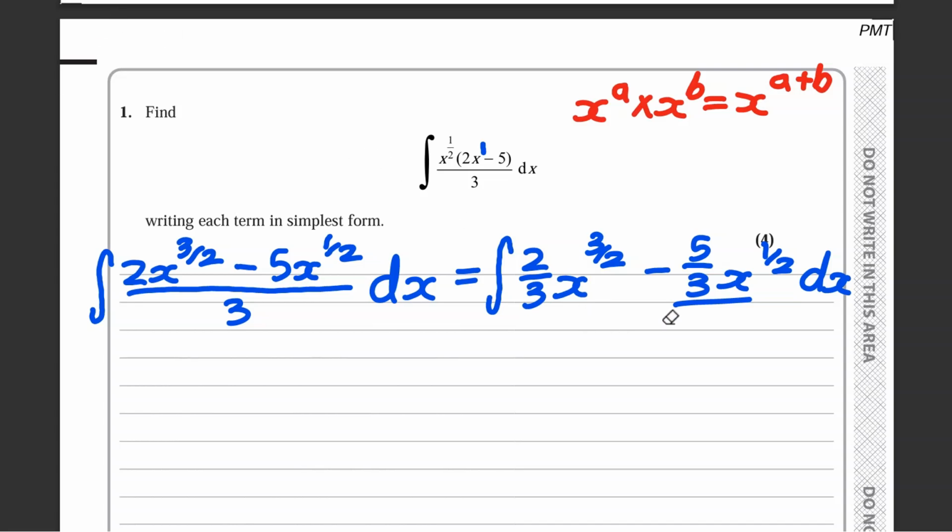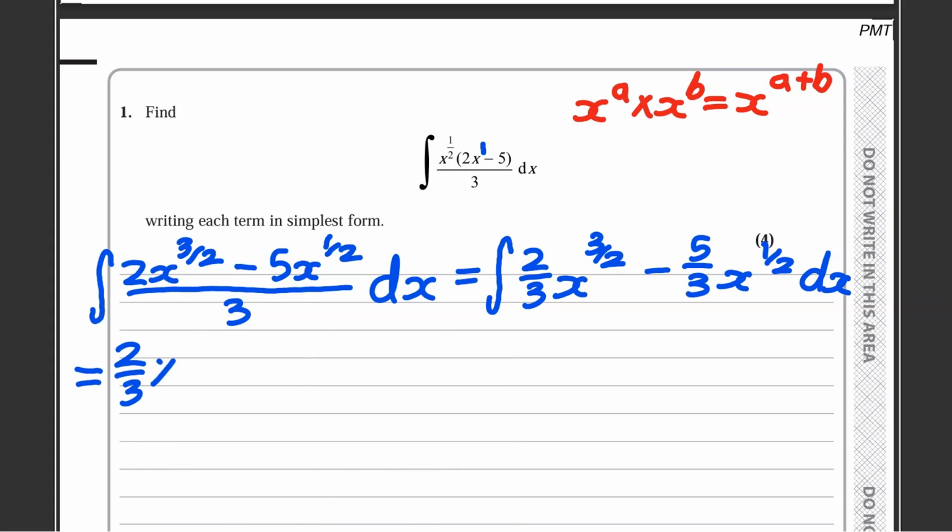Now we can integrate these two terms individually in order to get an answer, and this is just year 1 integration. If we start with the 2 over 3 x to the power of 3 over 2, this is going to be equal to 2 over 3 multiplied by the integral of x to the power of 3 over 2. Remember this power is going to go up by 1, so it goes up to 5 over 2, and we need to divide by 5 over 2, so it's going to be 2 over 5 x to the power of 5 over 2.